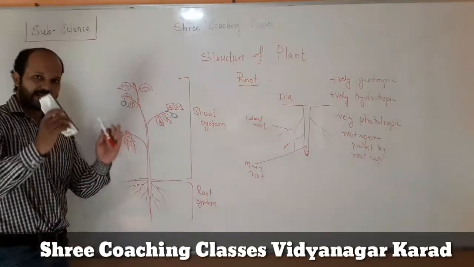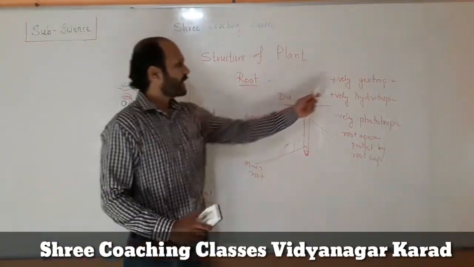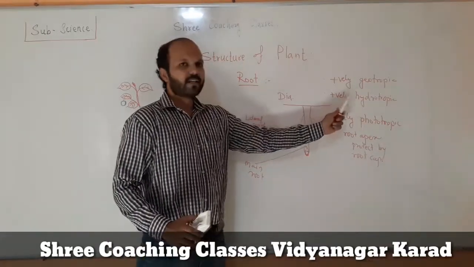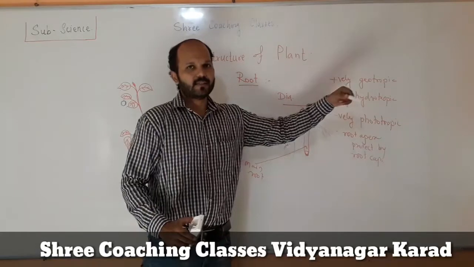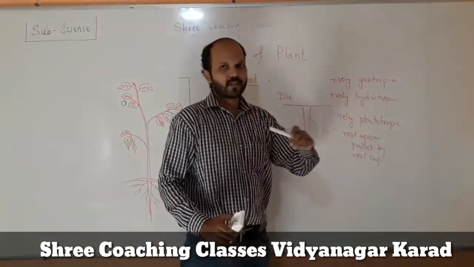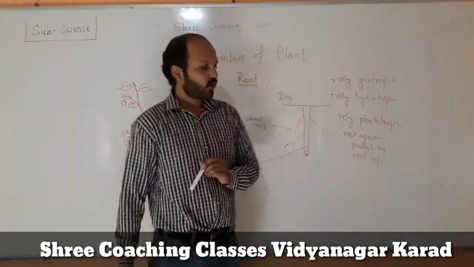Basically the root is present under the ground. That is our first point. That's why we can say that roots are positively geotropic. Roots develop under the ground in search of water. That's why we write here roots are positively hydrotropic.